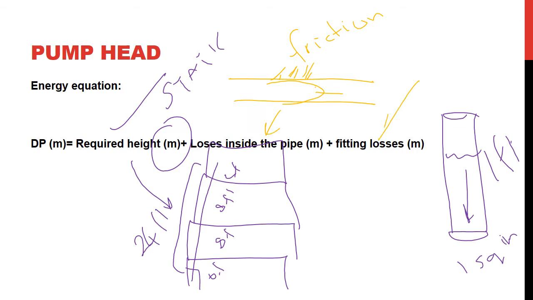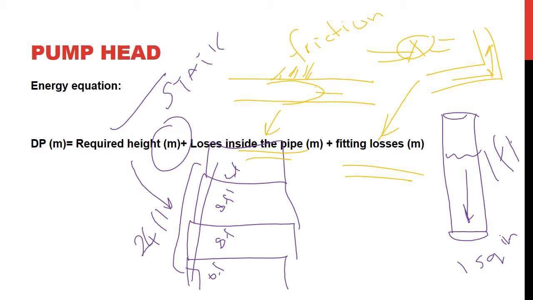The third part is fittings. Whenever we have a fitting, be it a 90-degree or a check valve, you will have resistance. And whenever you have resistance, you will have losses of pressure. Water will hit the wall here, then go up there, and eventually it will lose some pressure. So we need to account for that, and we can convert that into length.